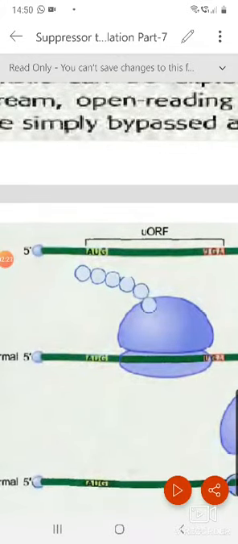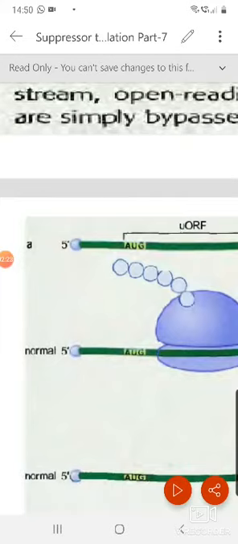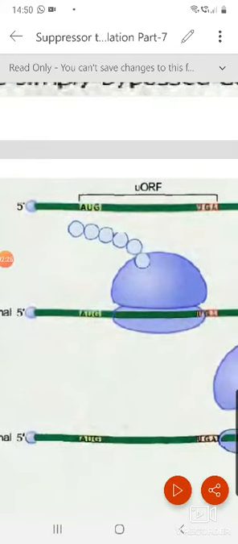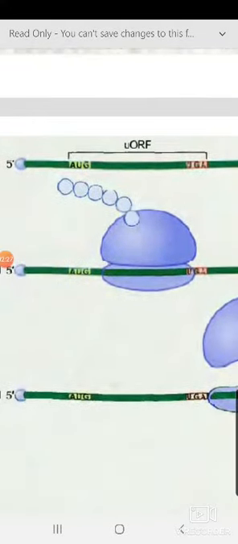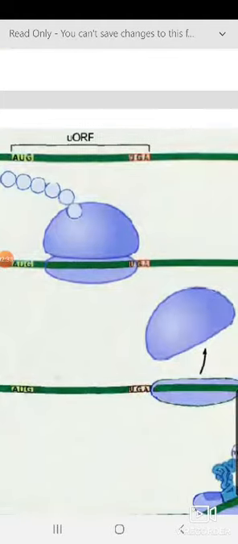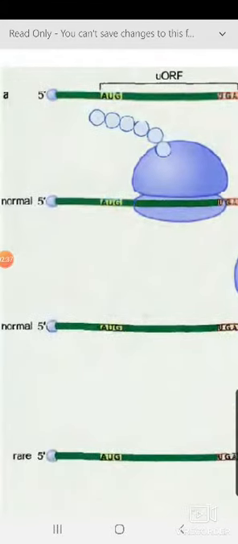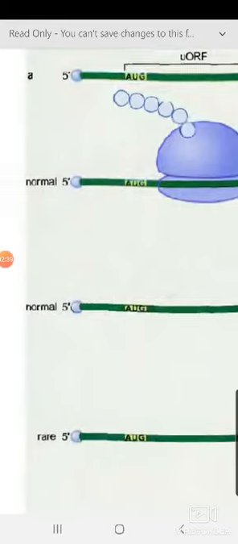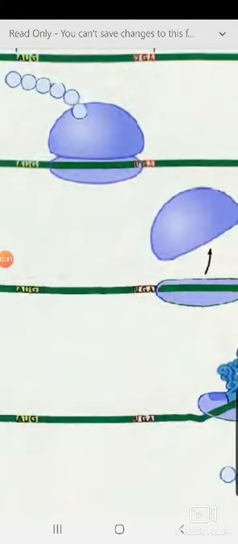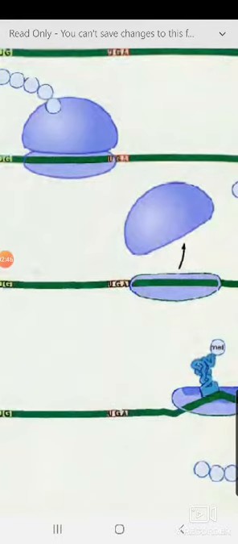The normal or ideal condition is that translation will initiate with the first AUG, that is the upstream open reading frame, and when it encounters the stop codon, it will stop. So it starts in the normal case, and once it reaches UGA, a stop codon, it should dissociate.